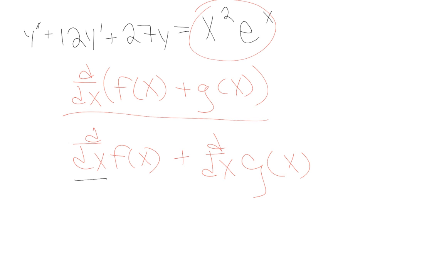Rather than using d dx, we could use the differential operator D. So d dx is essentially the same thing as saying D, the differential operator, times f of x. And so for subsequent derivatives, if I wanted to take, say, the second derivative of some function f of x, I could say D squared times f of x.